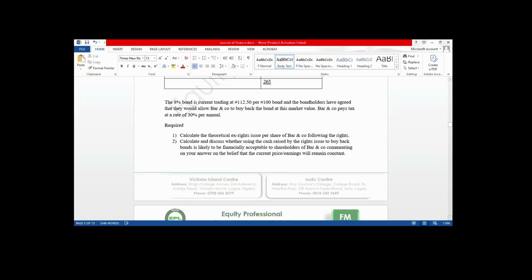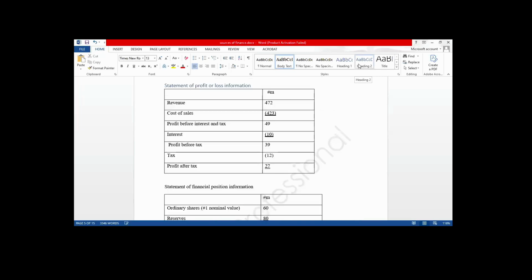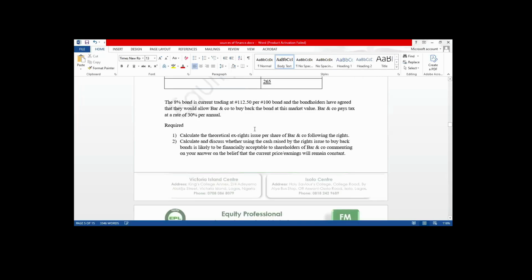Please note, you require 4 variables to calculate theoretical ex-rights price.